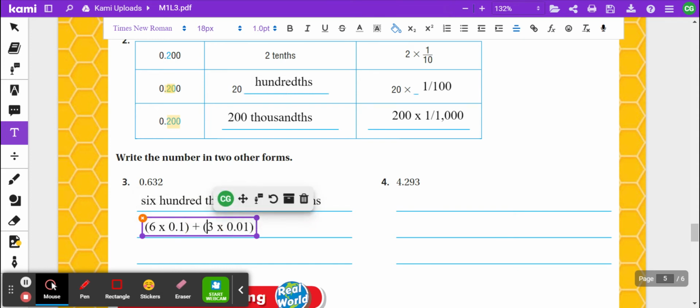And then I'm going to add, come over here, and I have 2, put that in parentheses, times, and that's in the thousandths place value, and that's what that would look like. You can also do it in fractional form as well.